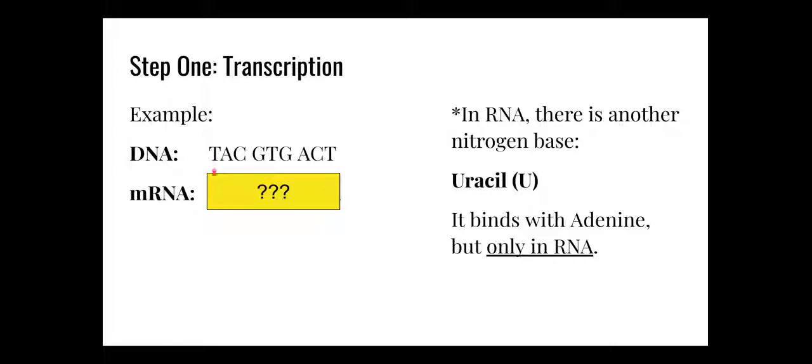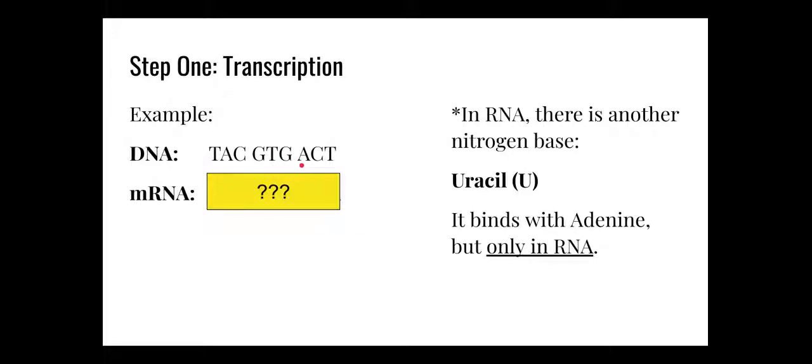You should see an A, a U, and a G for the first three letters. So the first three letters are A, U, G. The next three letters should be C, A, C. That's C, A, C for the second set.